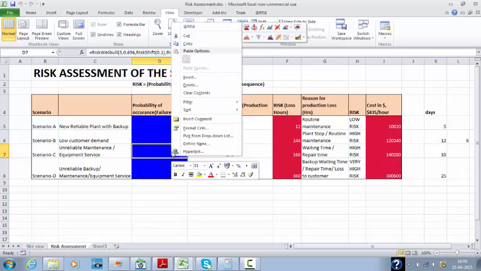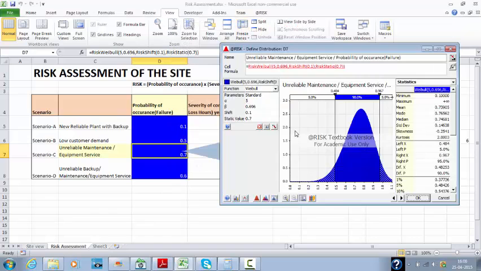I've chosen a Weibull, but the probability is high. As you can see, the beta is more, 0.696, alpha is more as well, 5, which is in the range of about 0.5 to 0.98.